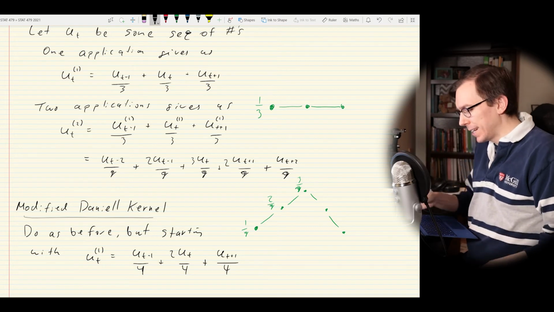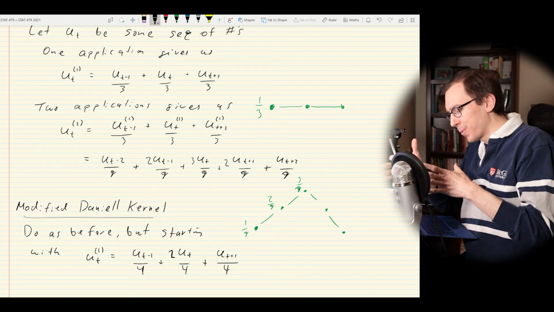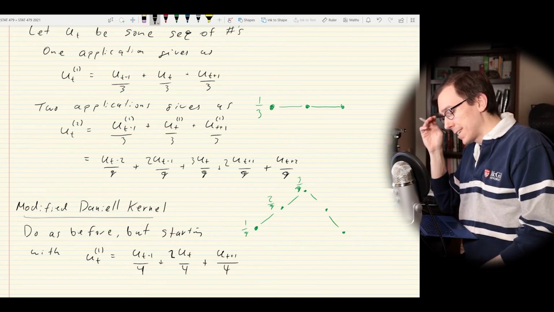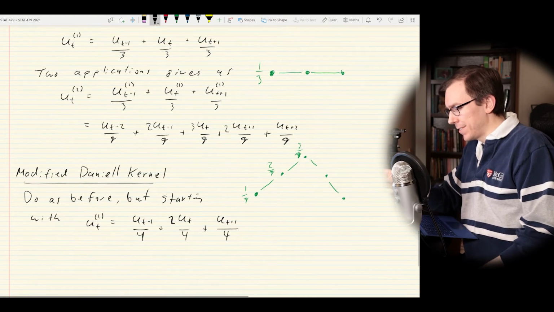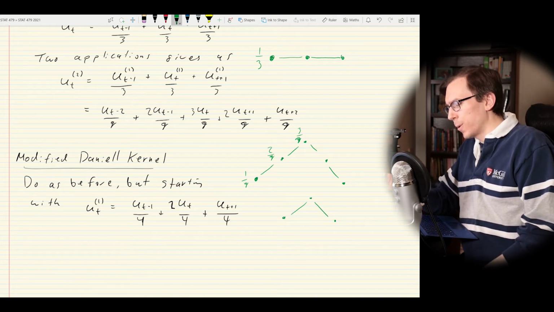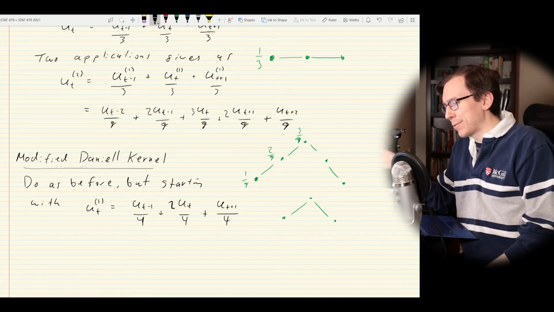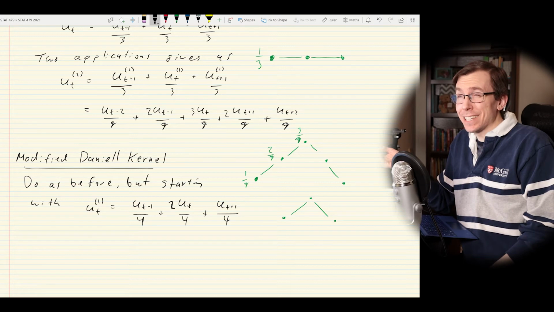So it's the same thing, but we're giving the middle guy a bigger weight, and the two edge pieces a little less. You're already starting in a kind of triangular shape before proceeding forward. It's just a slightly different way of starting the whole thing, and probably doesn't make a huge difference in the end.